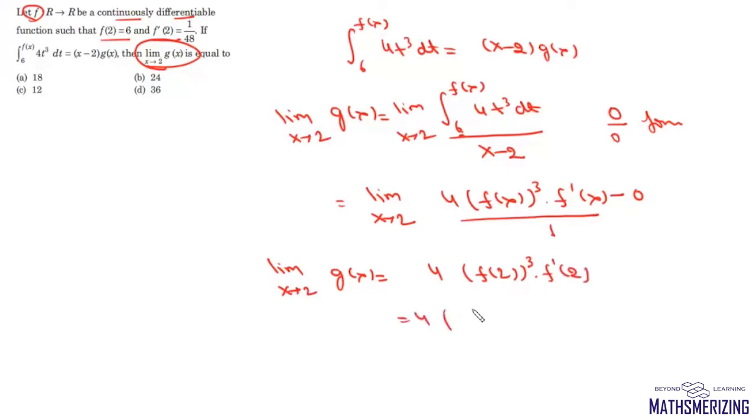Now f(2) is 6, so it will be 4 into 6 cube into f'(2) which is 1 by 48. So this is 12, this is 36 by 2, and this is 18. So the value of this limit is 18, and that's your option A.